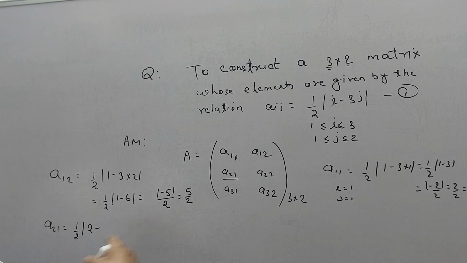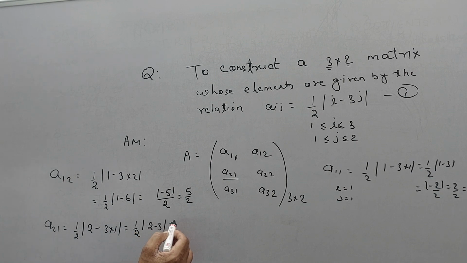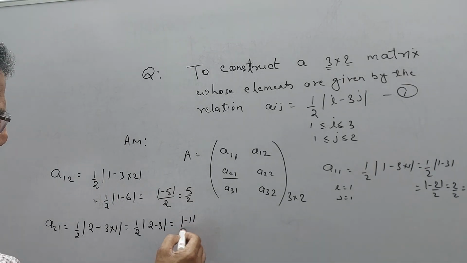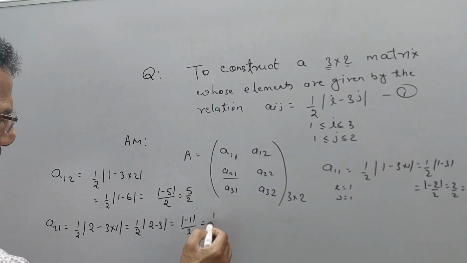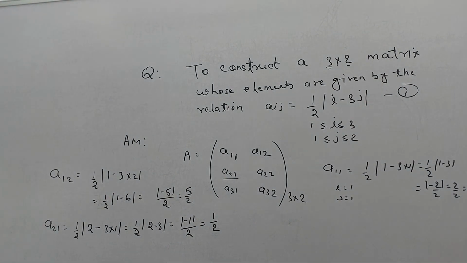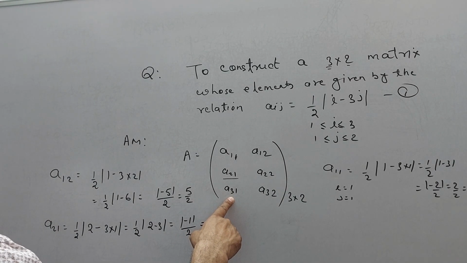If I put this in the general element, i minus 3j, with i having the value 2 and j multiplied by 1, it comes out half of 2 minus 3, which is minus 1, divided by 2, and it becomes 1 by 2. And next, the third row element.